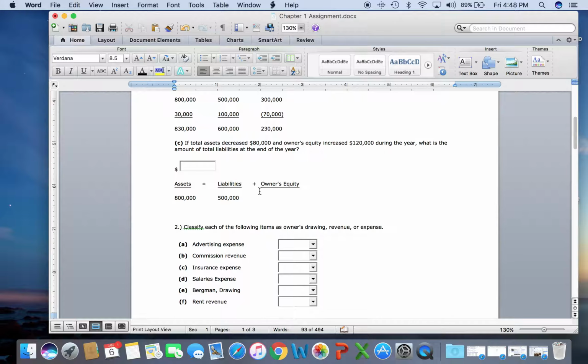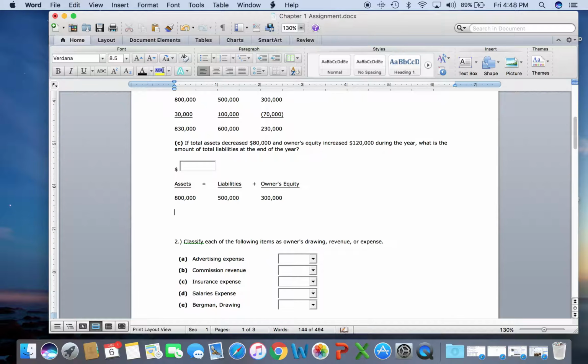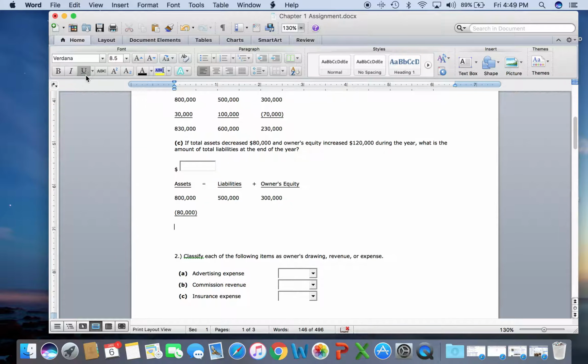Okay, and on to the last one now. Again, we know owner's equity is 200,000. The total assets decreased 80,000, so we're going to decrease assets by 80,000. This would make our assets 720,000.